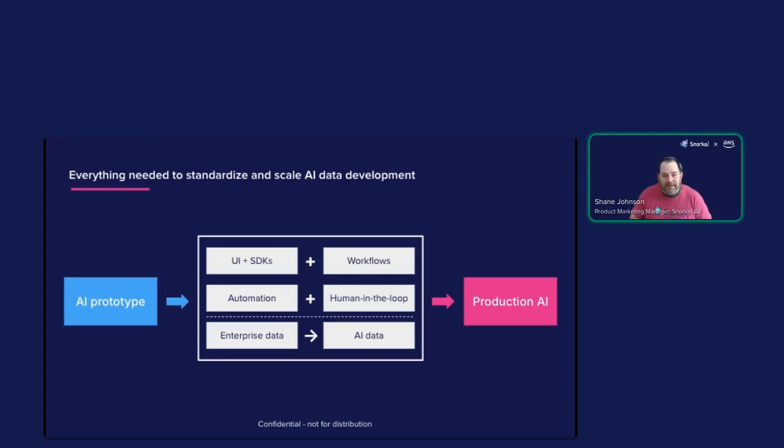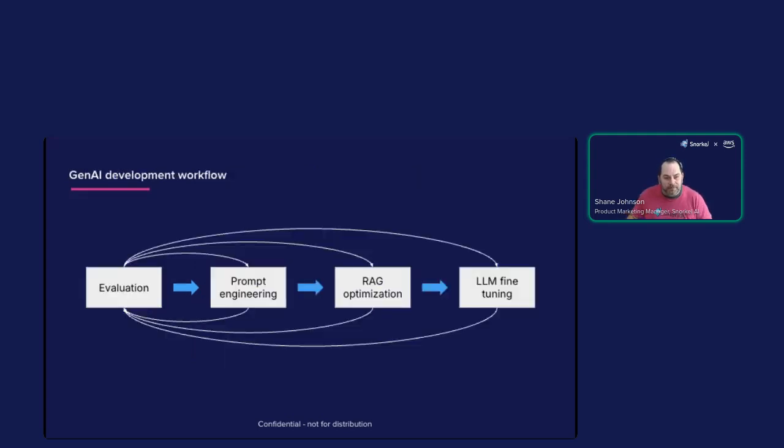This helps AI teams effectively and efficiently collaborate with SMEs to take that initial AI prototype, which probably doesn't meet the accuracy requirements you're looking for, and infuse that domain knowledge through AI data into something you can deploy into production reliably.